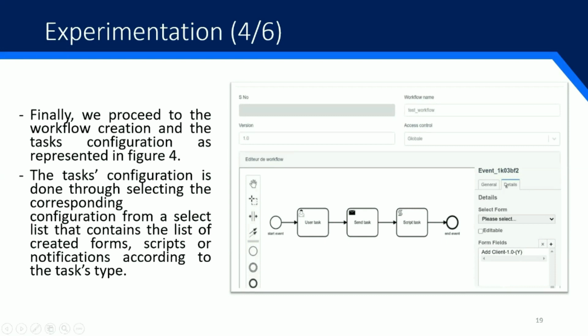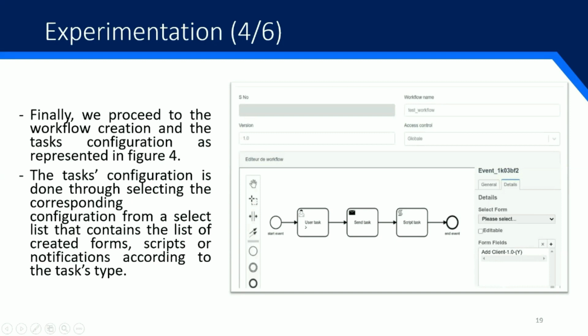For example, these details elements are shown for every start event and user task. If you select a start event or a user task, you have to select the form from this select list, choose whether you want it editable or not, and click on this plus button, so the form will be added to this list.